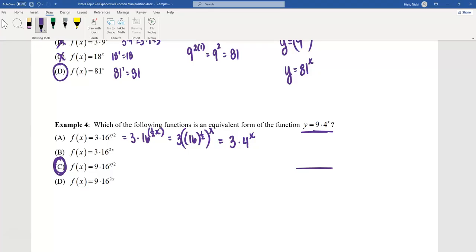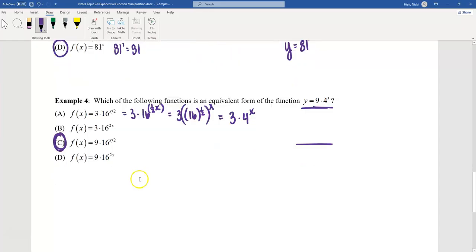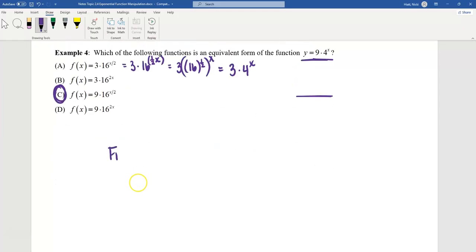For fractional exponents, if we need a reminder here, I'm not sure to what extent you guys worked on this. If you have, let's just make ourselves fractional exponents. So if you have x to the a over b, that is going to equal the b root of x to the a power.